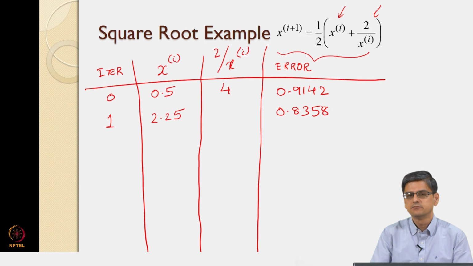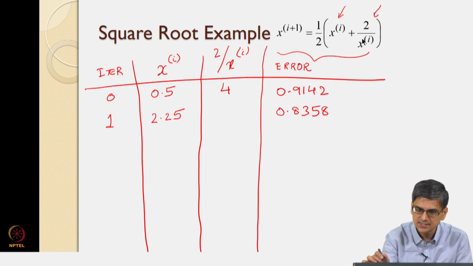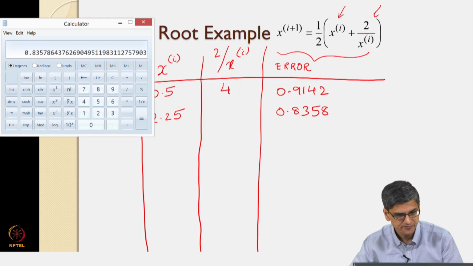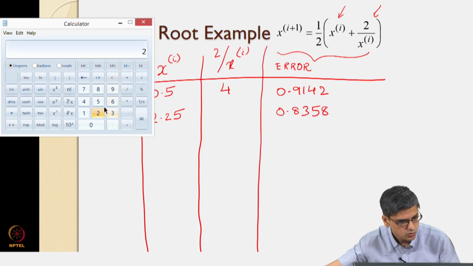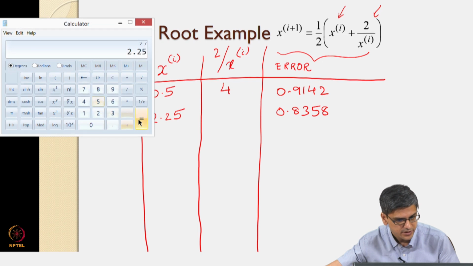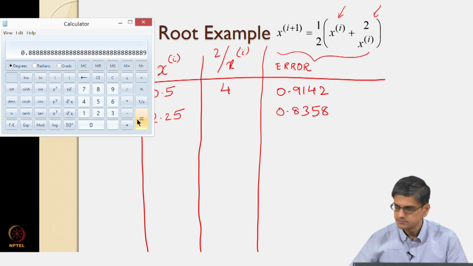Now what we do next is calculate 2 divided by x i, which is 2 divided by 2.25, equals 0.8889.